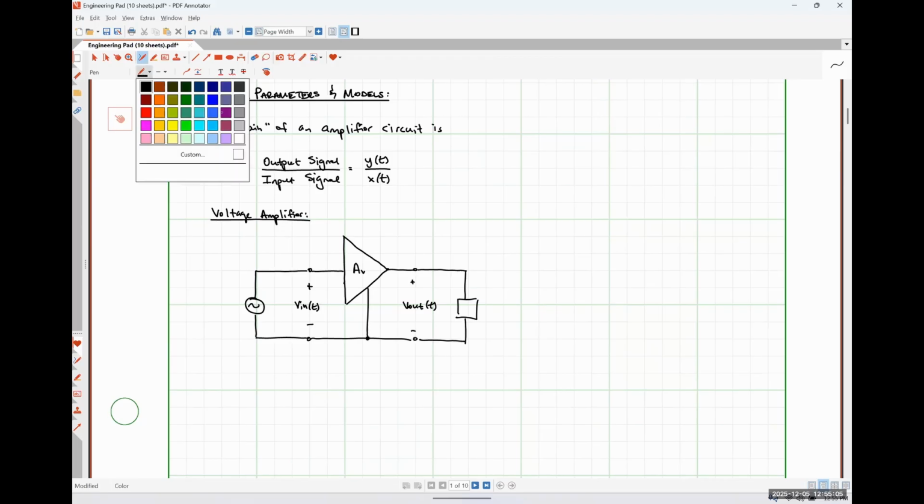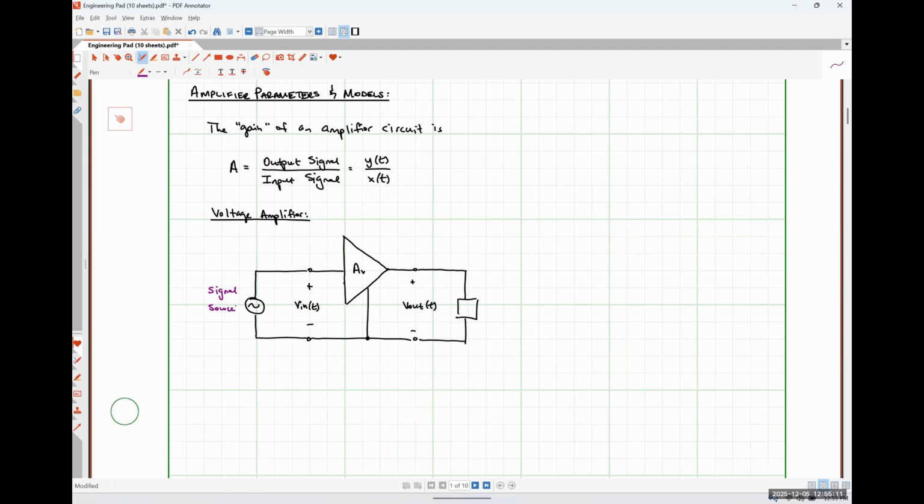So let me just annotate this really quickly. Signal source over here, load over here. So hopefully pretty easily, we can see that in this case, our input signal to the amplifier is a voltage, Vin of t.